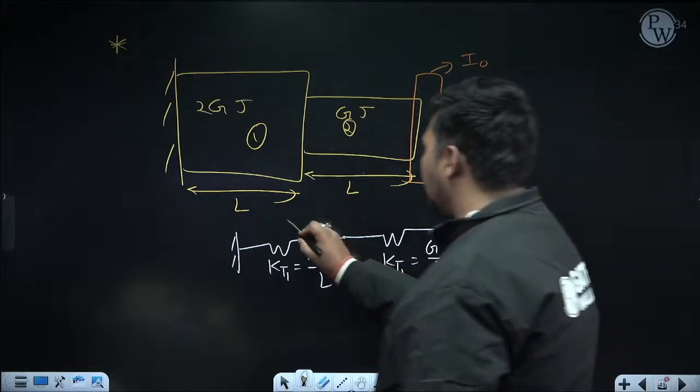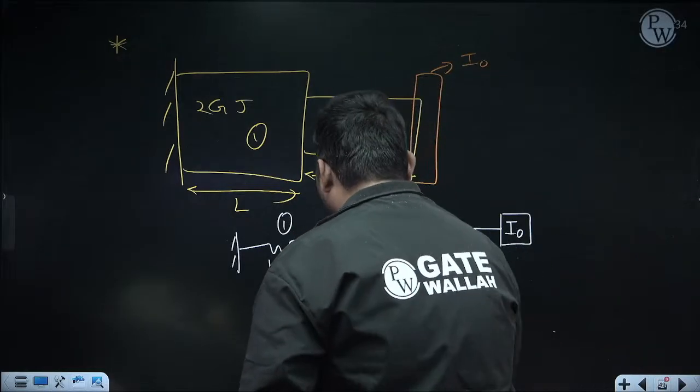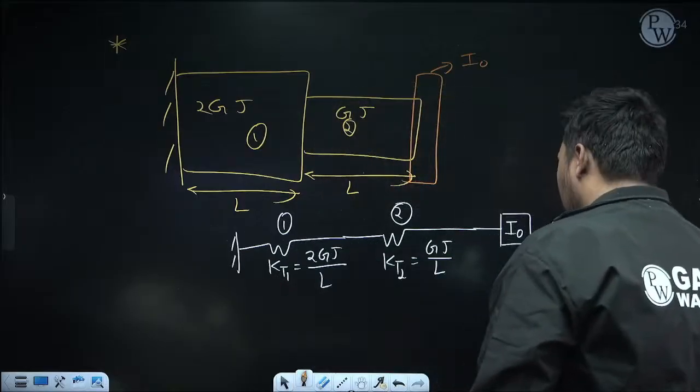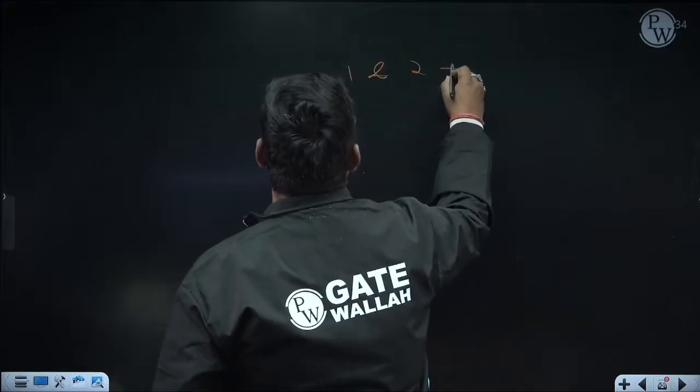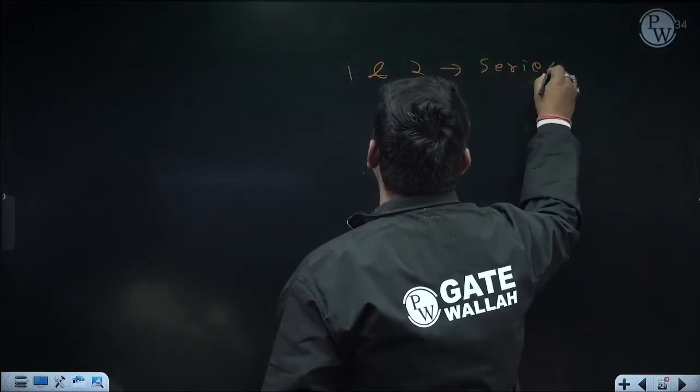Okay. Now suppose this is 1, this is 2. It is having end-to-end connection, so they will be in series arrangement. So now I can calculate their equivalent, and that will be the overall KT equivalent, because apart from this no other spring is coming.